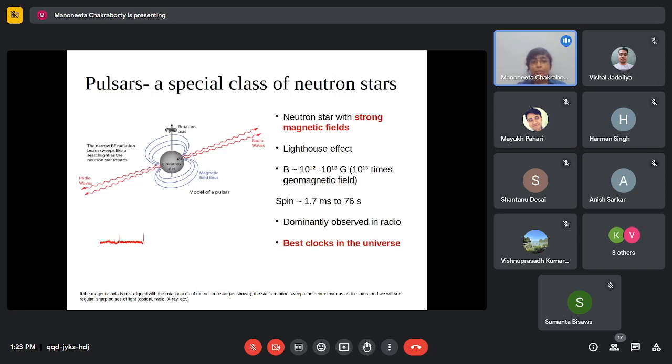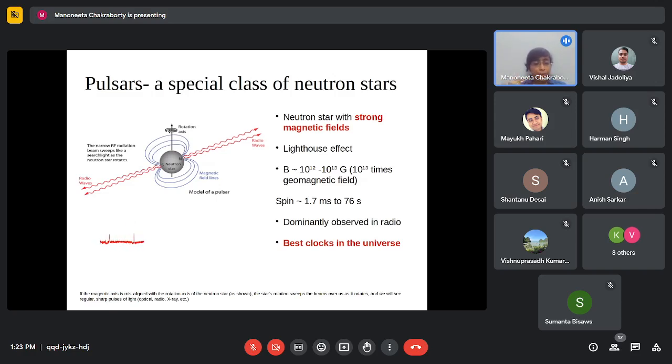Because they have relatively high magnetic fields, they emit radiation along their magnetic axis, and due to this misalignment, whenever the cone through which they emit sweeps our line of sight, we get a blip of radiation. So this is like a lighthouse. Whenever the lighthouse torch is pointing towards us, we get a blip. The pulsars are basically like that.